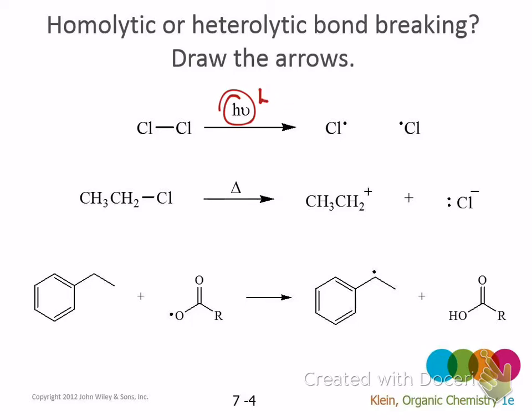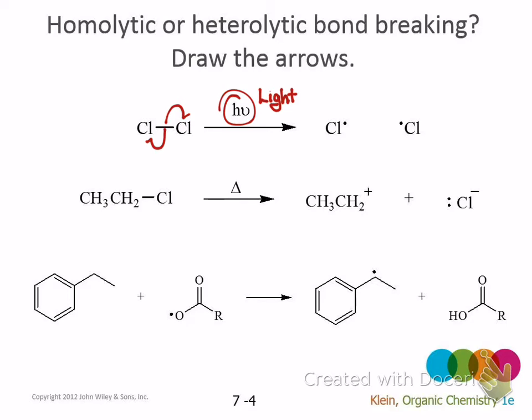When that bond breaks, one electron has to go in one direction, and one electron has to go the other direction. So you do it like that. When they get together, like if this was an equilibrium process, and in some ways it is, the two Cl's have to make a sigma bond.